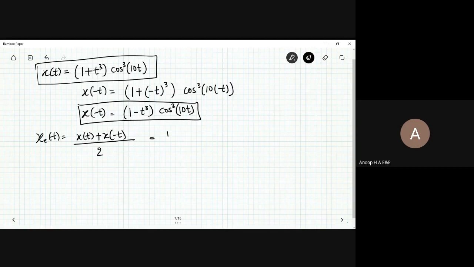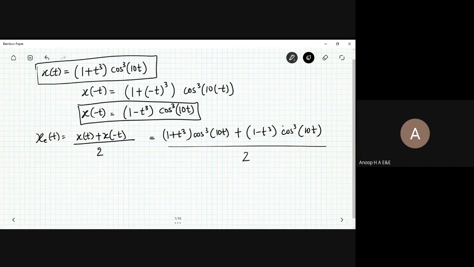What you can get is 1 plus t cube times cos cube 10t, plus 1 minus t cube times cos cube 10t. The whole thing has to be divided by 2.